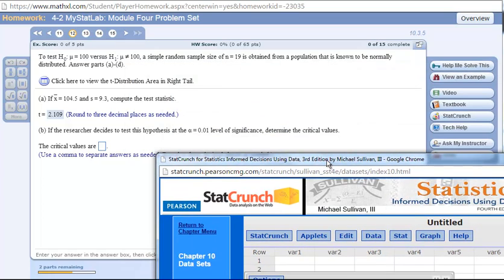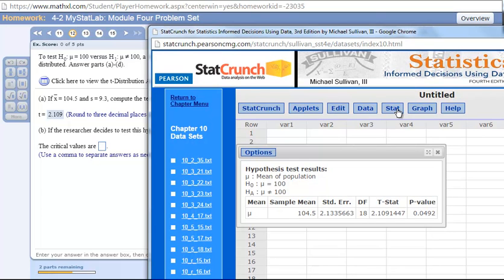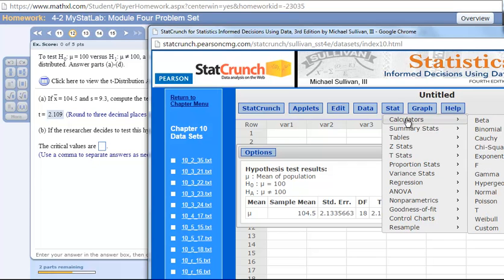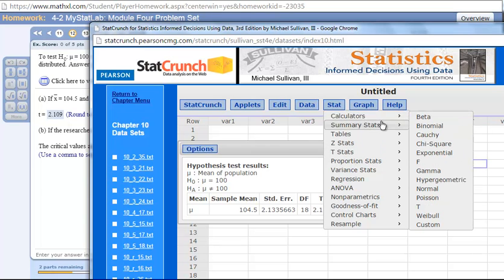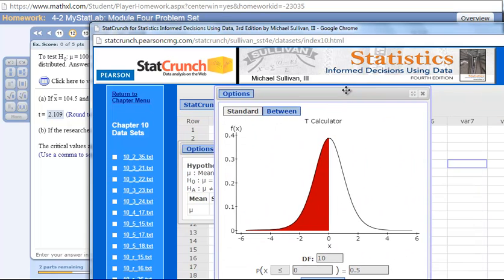So here we can go into Stat, Calculator, and then we go into T. This will give us the T distribution.